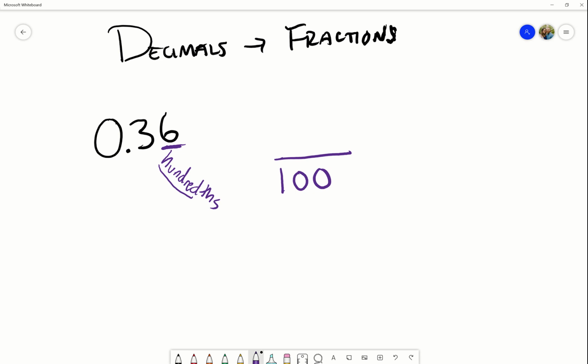If it was in the millionths, my denominator would be a million, and so on and so forth. Whatever place value my last final digit is, that is what multiplied version of 10 goes into my denominator, 100. And then the rest of all of my number here goes on top with no decimal point.